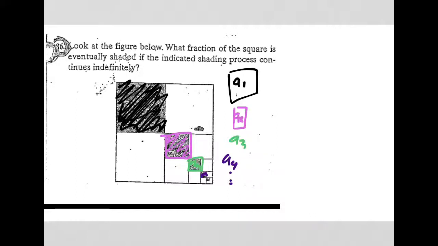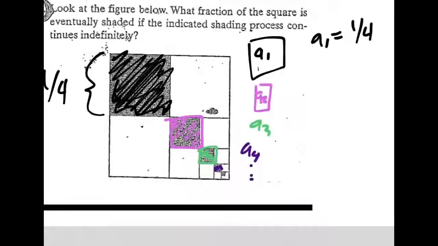So we're talking about fractions here. We want to know what fraction of the square. Well, that fraction of the square right there is 1/4 of the total square. So we know that our first term, A sub 1, is going to be 1/4 of that total square. What about the second one?